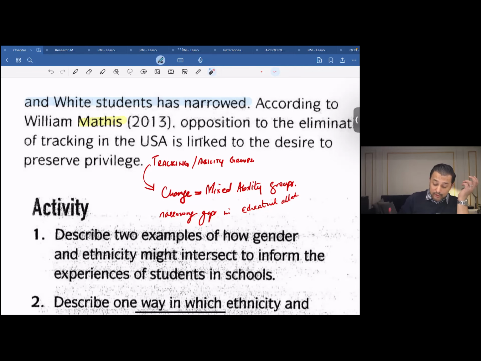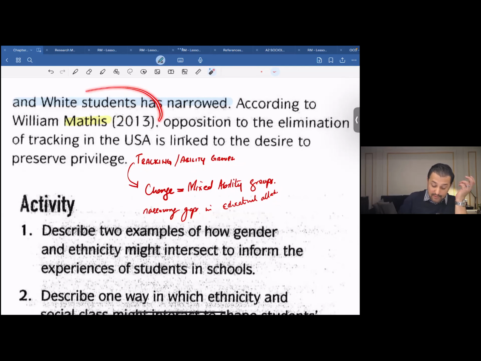Now, according to Mathis in 2013, there are some people.